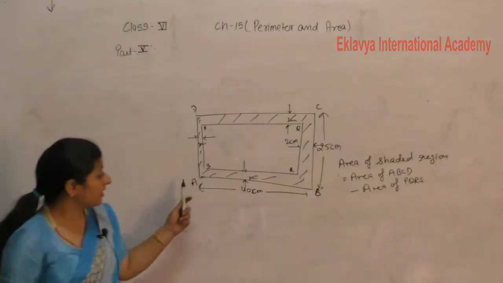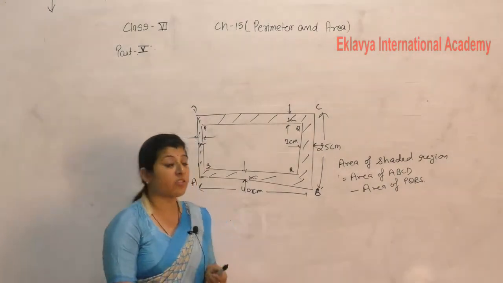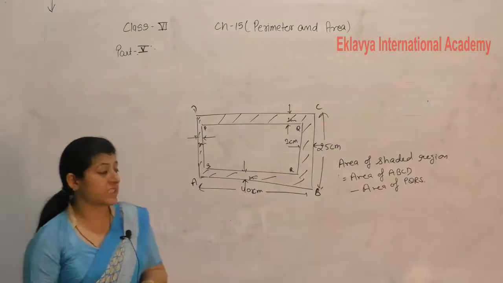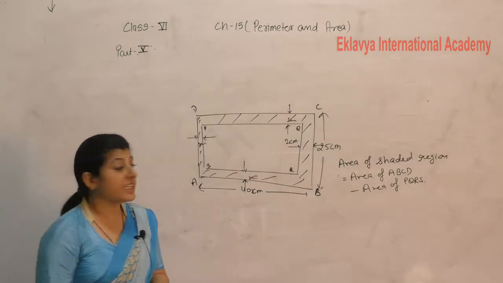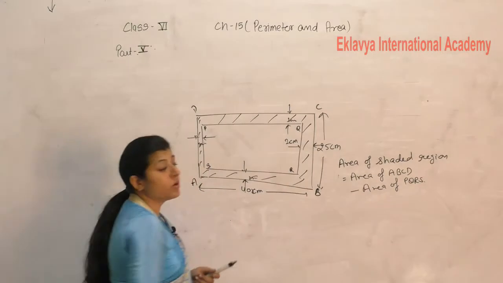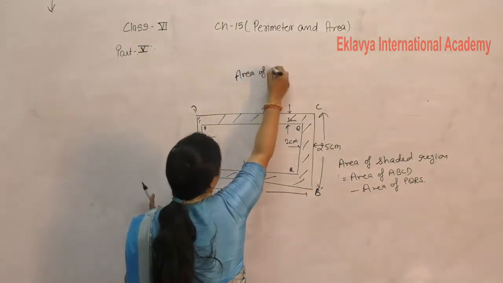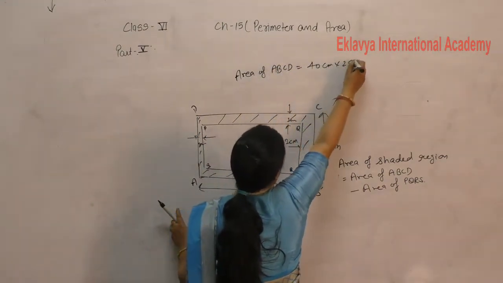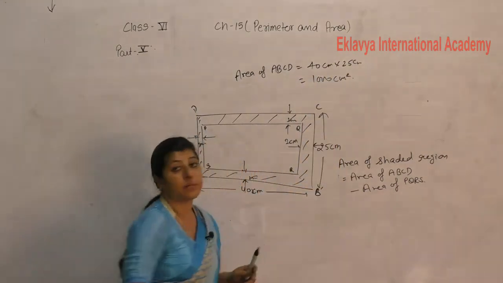The outer rectangle is ABCD, firstly we find out the area of ABCD, and from it we subtract the area of PQRS, then we can find the area of the shaded region. Area of ABCD is 40 centimeter multiplied by 25 centimeter, that is 1000 centimeter square.